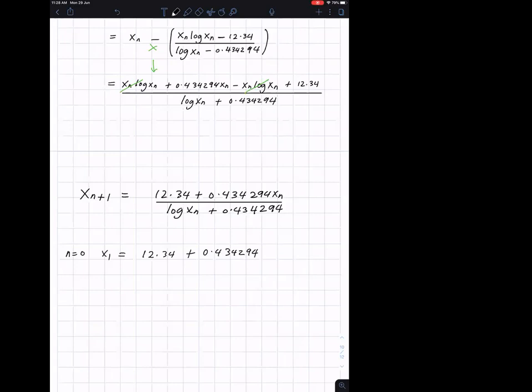Multiply by 10. So the initial guess, value 10, was given.